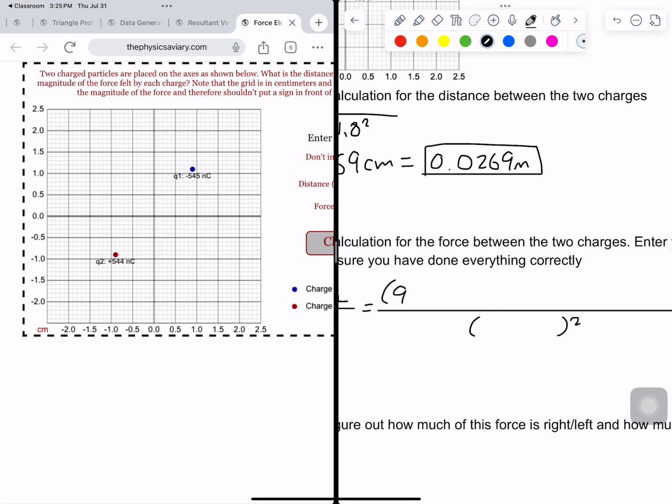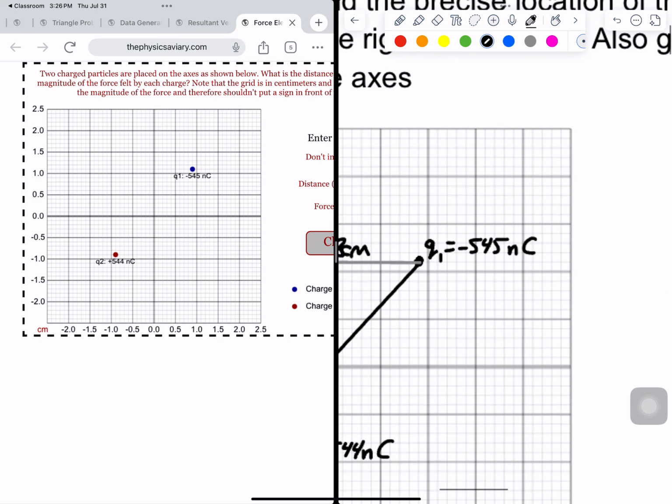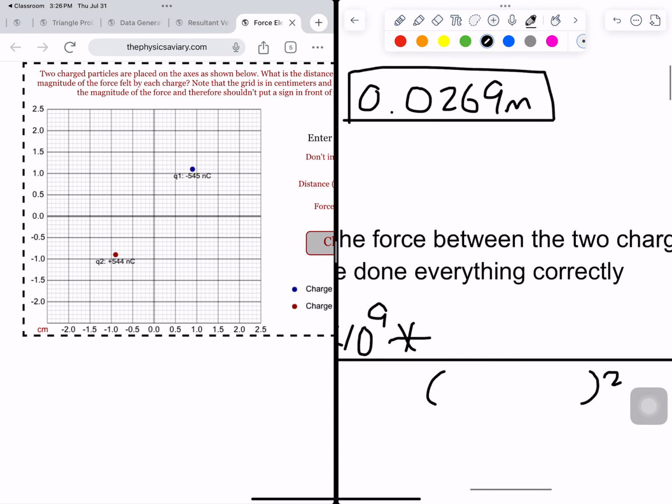So 9 times 10 to the 9, that's K, times charge 1. Charge 1 for me is negative 545 nanocoulombs. Don't put the negative in your equation if you have a negative charge. Remember, nano is times 10 to the negative 9 coulombs. So I'm going to be writing 545 times 10 to the negative 9.